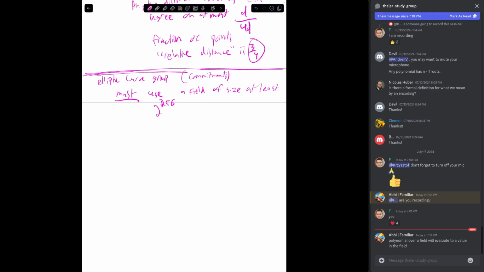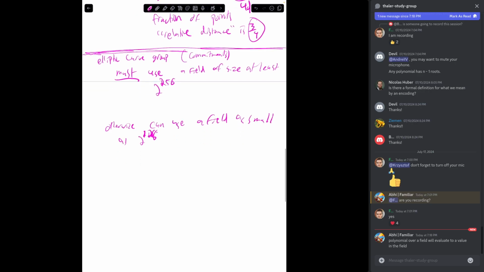But other than that, you're free to use a field as small as say 2 to the 120 or 2 to the 128, if you're targeting roughly 128 bits of security. I think today is not the time to get into it, but there's a big focus these days on SNARKs over smaller fields, much smaller fields.